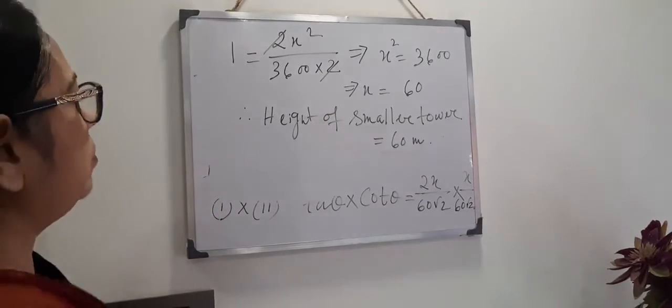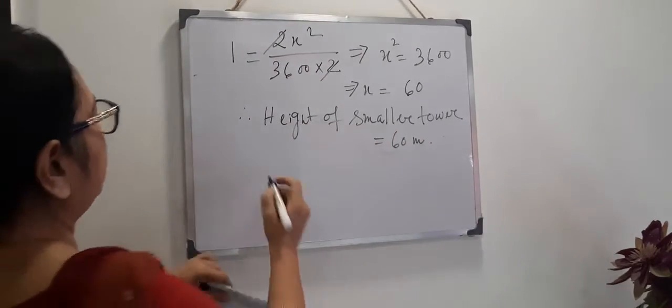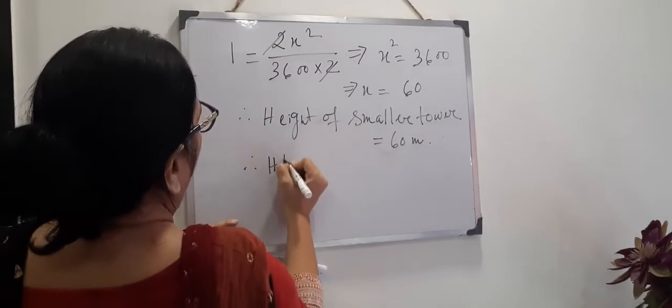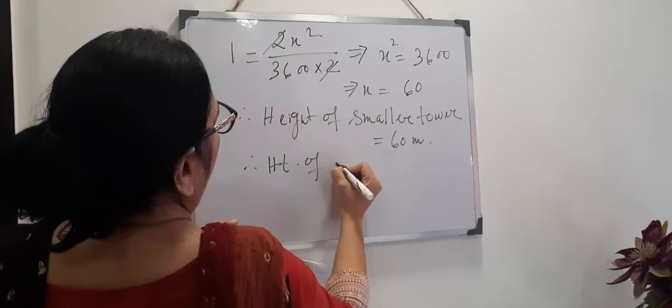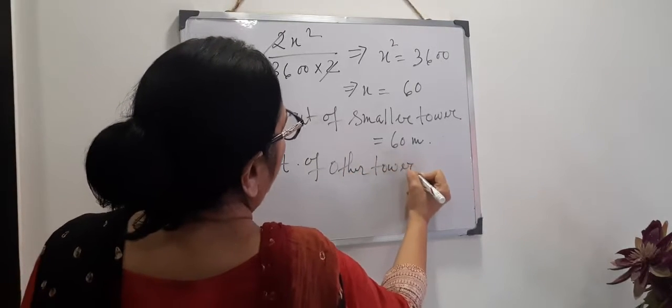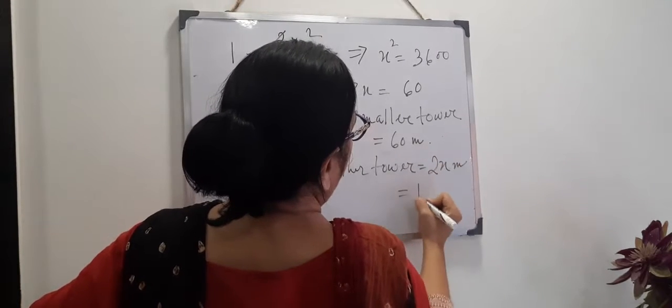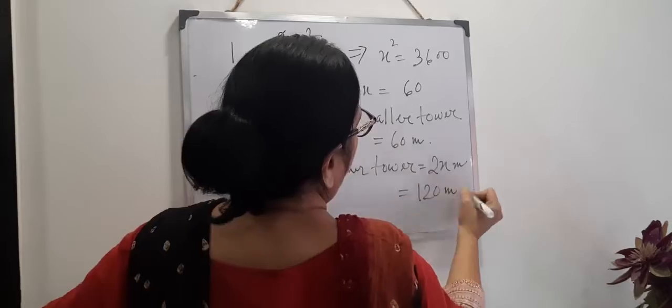So it will become 120 meter, 2x. Therefore, height of the other tower is coming 2x meter, means 2 into 60, that means 120 meter.